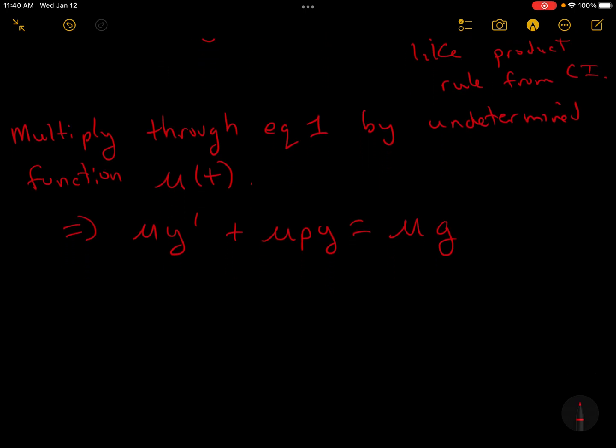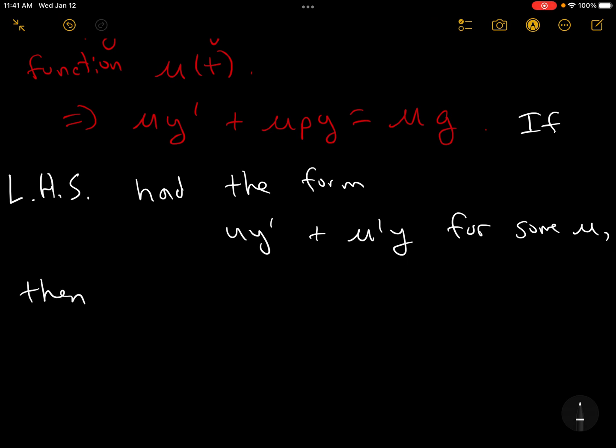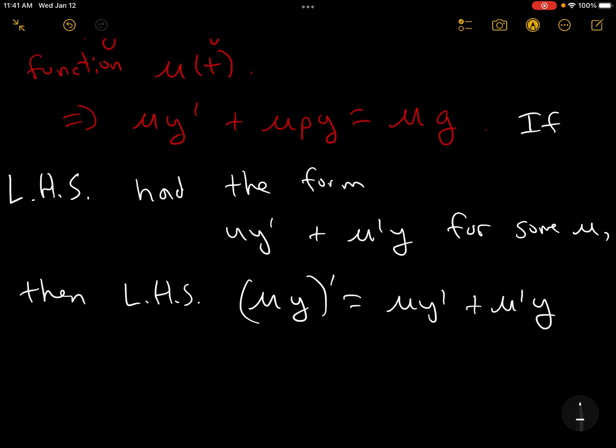All right, here's where the magic happens. If, and this is a big if, the left-hand side of this equation had the form mu y prime plus mu prime y for some mu, then the left-hand side would be the derivative of mu y, which equals this thing I just wrote down, mu y prime plus mu prime y.